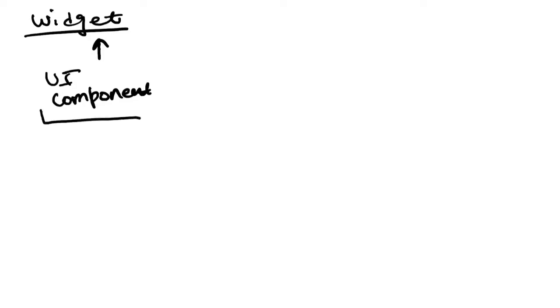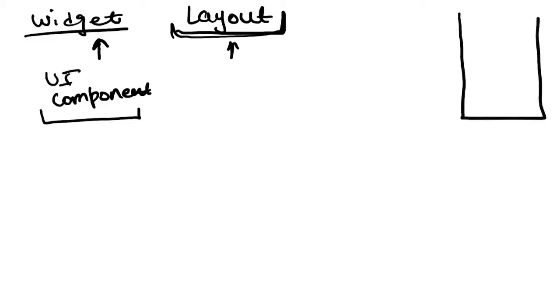Now a widget is what you need to create, but where you need to place that widget comes under another component which we call a layout. Layout is a separate module. So widget tells you what you need to create and layout tells you where you need to place it. Let's say you are building a UI where you need to place a button here. You will need to create a layout first, and within that layout you place your multiple widgets.